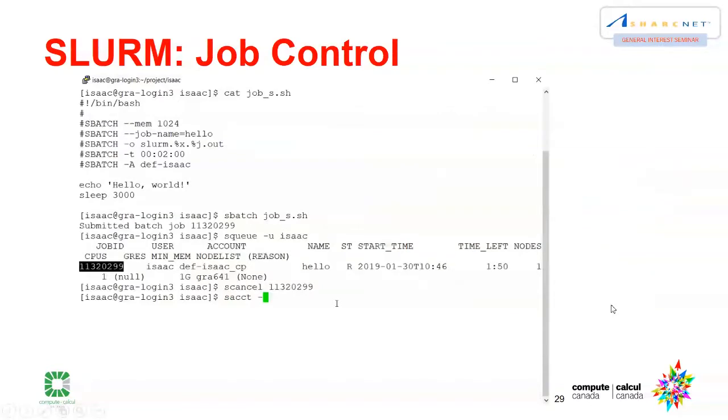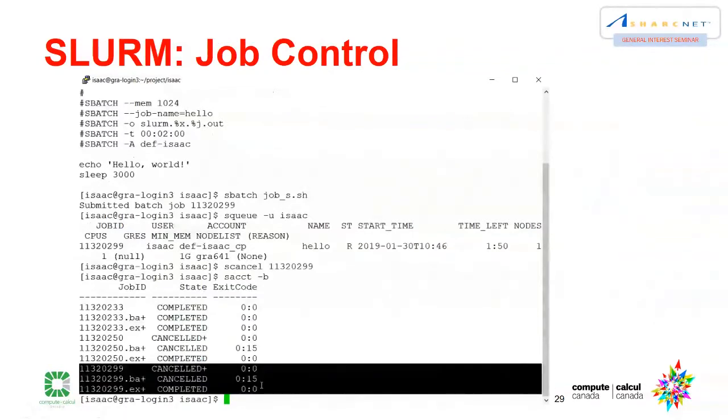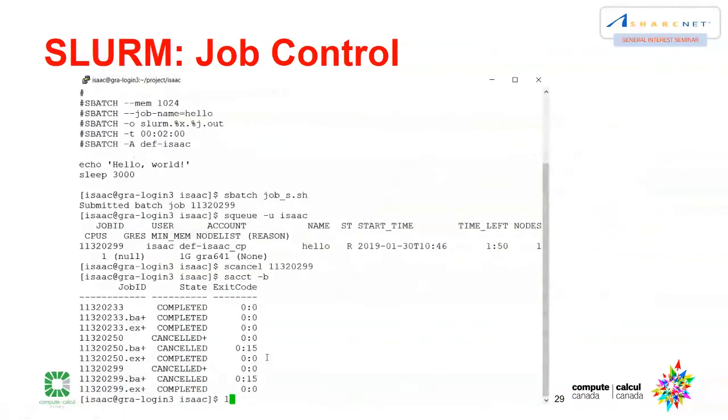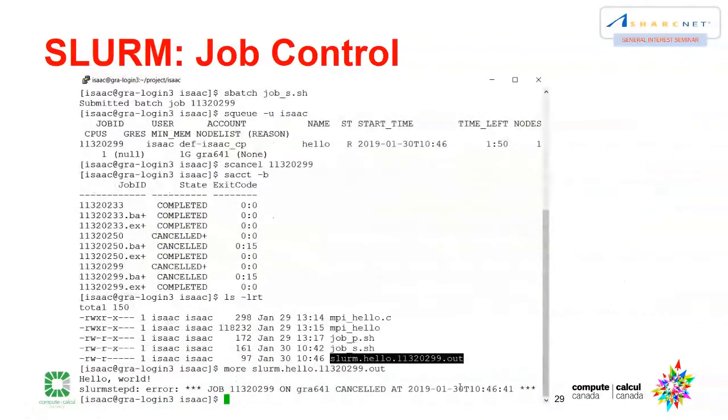And if I check the history using sacct, you can definitely see the job with that ID was canceled. So 11320299 was canceled. And then if you check the output with the same job ID, it will show you that a cancellation happened. So you can see what I'm trying to deliver right now. You can cancel your job. You can check the status. You can see what the result was when you canceled the job.